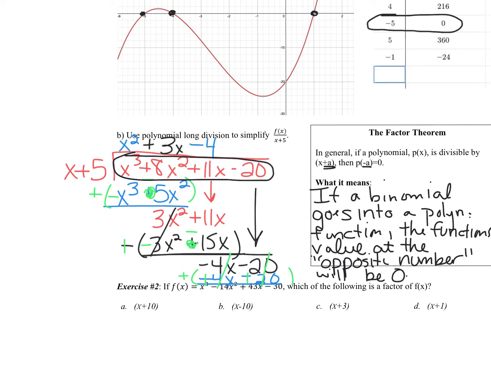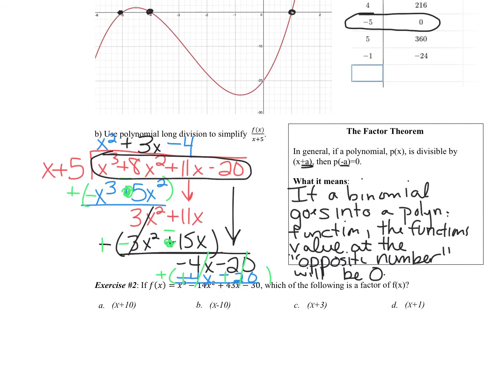So if we look at the next one, if we were to graph this on a calculator, it says if f of x equals x cubed minus 14x squared plus 43x minus 30, which of the following is a factor of f of x? So we could go through and divide f of x by each of the binomials listed below.